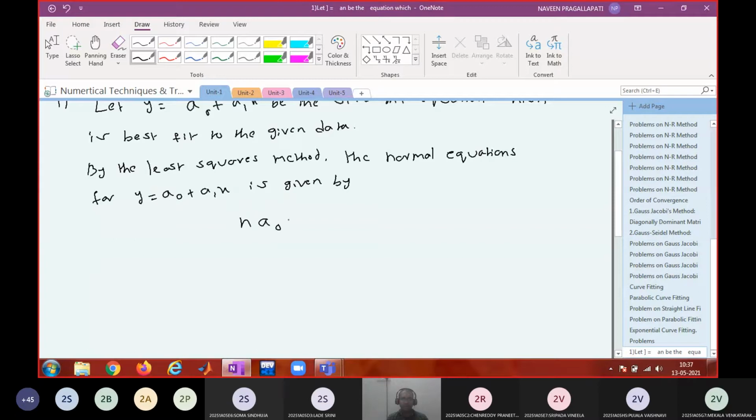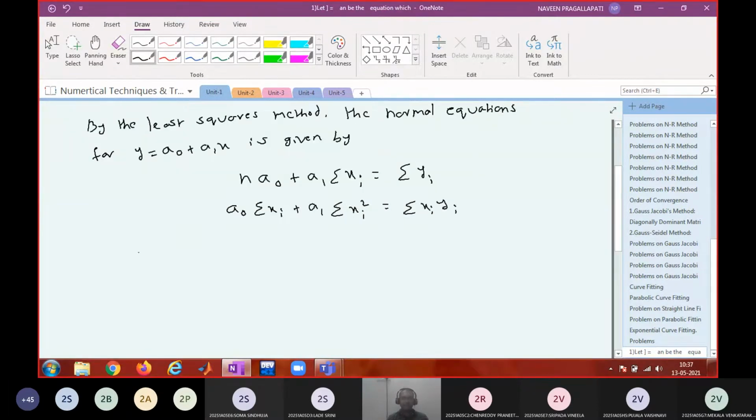N into a0 plus a1 into sigma xi equal to sigma yi; a0 into sigma xi plus a1 into sigma xi square equal to sigma xi yi, where n refers to the number of data points.